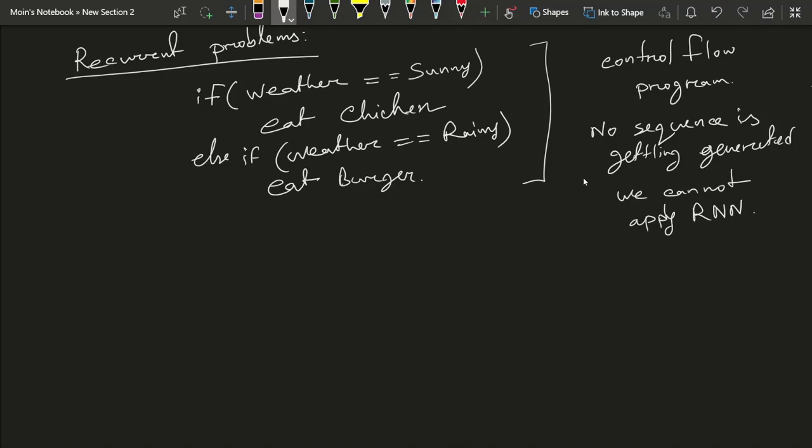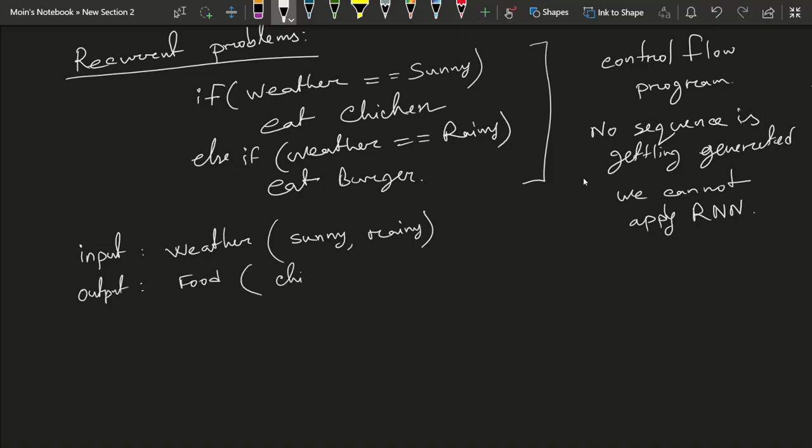So how do normal neural networks solve this kind of problem? We have an input, which is weather, with values sunny and rainy, and we have an output which comprises food.